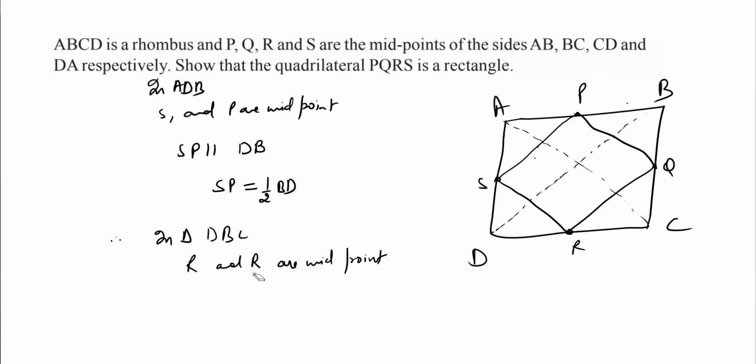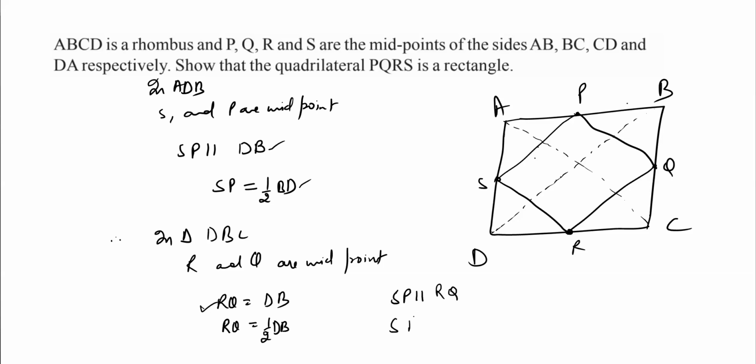If R and Q are the midpoints, RQ will be parallel to DB and RQ is half of DB. Now this is also DB. So we can say that SP is parallel to RQ and SP is equal to RQ, because RQ is equal to half DB and SP is also equal to half DB. So they both are equal, like we were doing in the previous one.